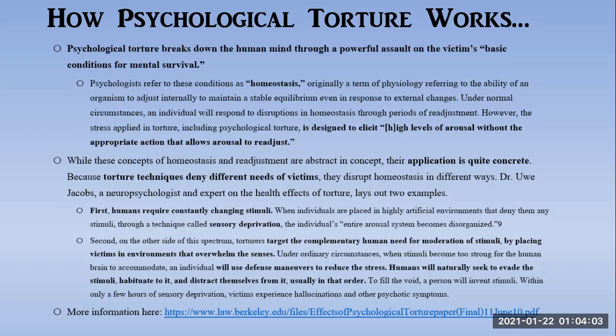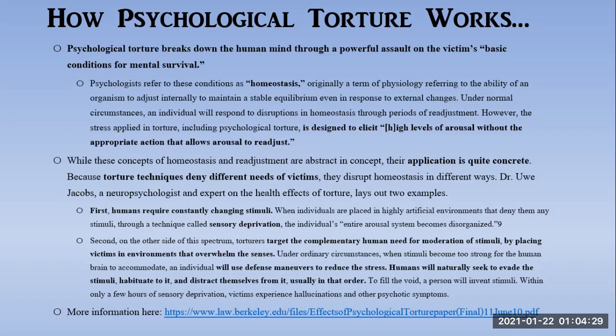While these concepts of homeostasis and readjustment are abstract in concept, their application is quite concrete. Because torture techniques deny different needs of victims. Remember, we talked about the need of social interaction. They disrupt homeostasis in different ways.